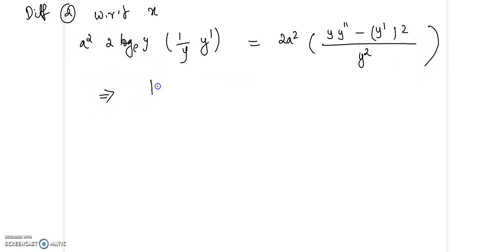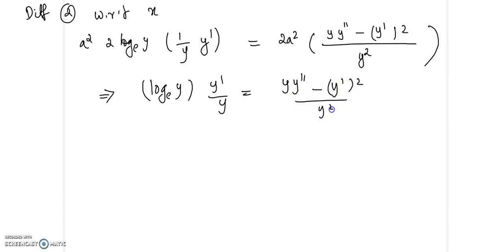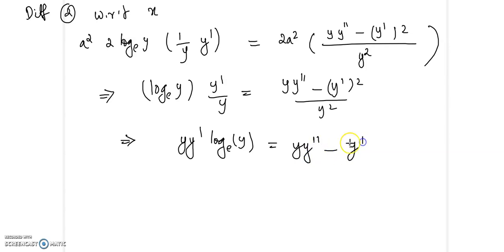So we will get log y to the base e into y dash by y equal to y double dash minus y dash square by y square. So what do I cancel out? We will get y dash log y to the base e is equal to y double dash minus y dash square.